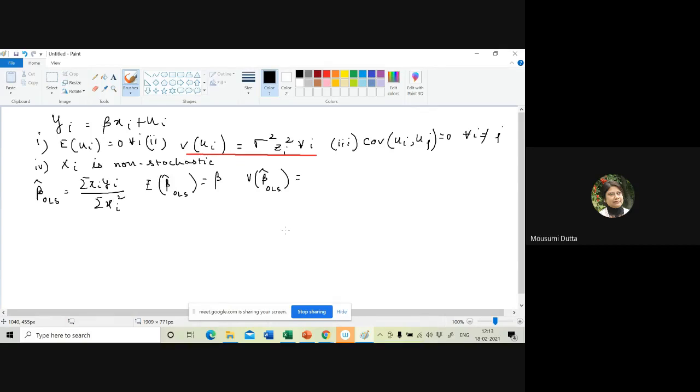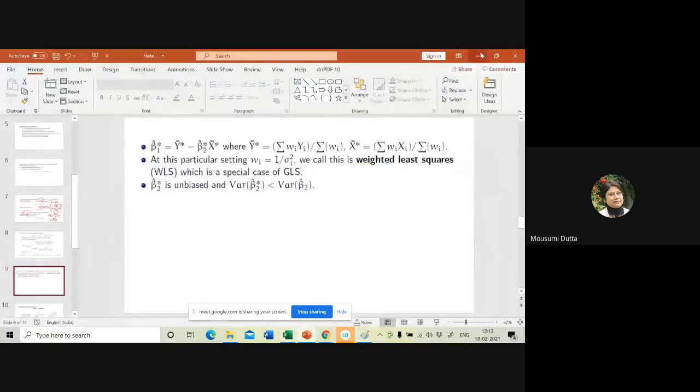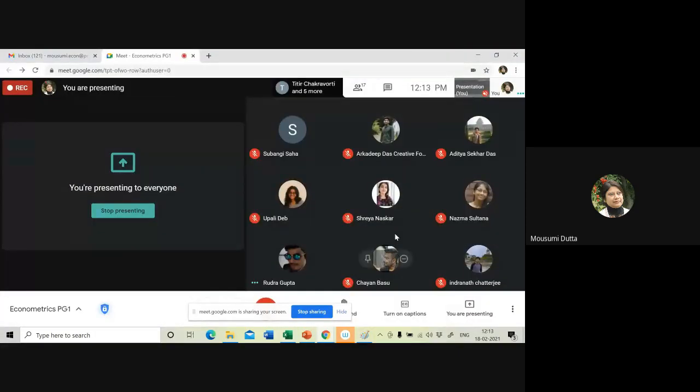Because I need to compare variance of beta hat OLS with the variance of beta hat GLS. Anyone, please tell me what is the formula?